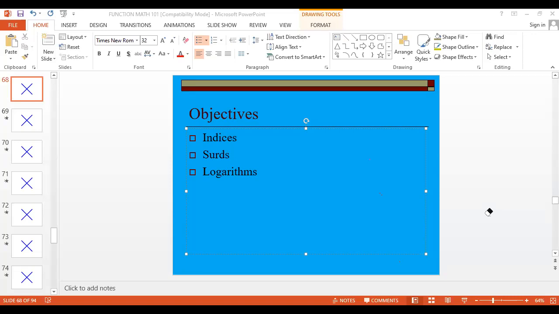Now, in my previous class, I introduced the concept of indices to you, and I asked you to go and learn. It was actually captured under the topic function or rules of exponents, and I told you to learn them off head before you come to class to make our work much easier for us.